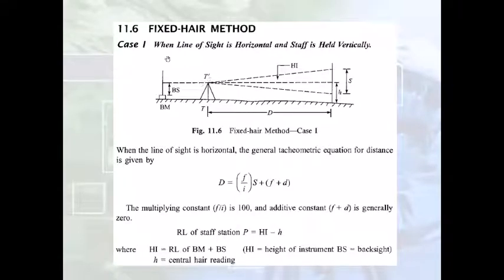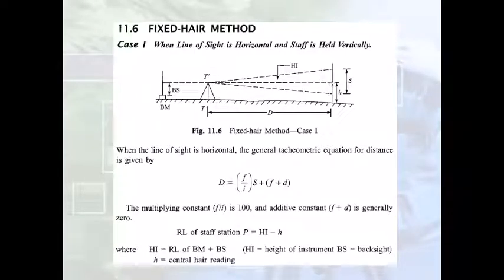So the first reading that you take is on the benchmark, and that is your backsight. So the height of the instrument becomes the reduced level of the benchmark plus the backsight. That becomes the reduced level of this line, which is the line of sight. Now you have the reduced level of this line.